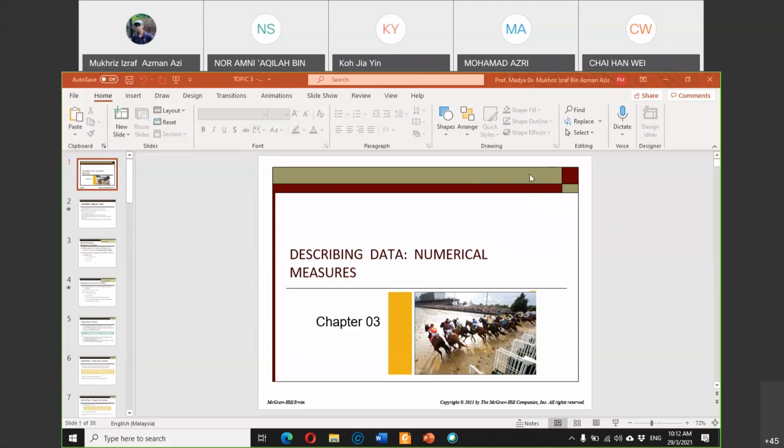So if we were in a face-to-face lecture, usually you would need to rely on your scientific calculator to perform this calculation.